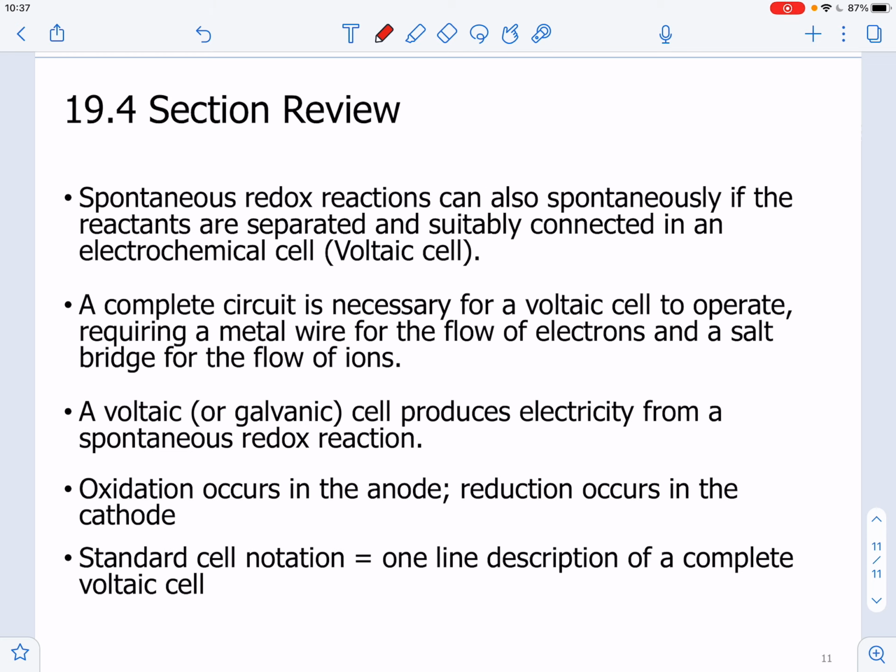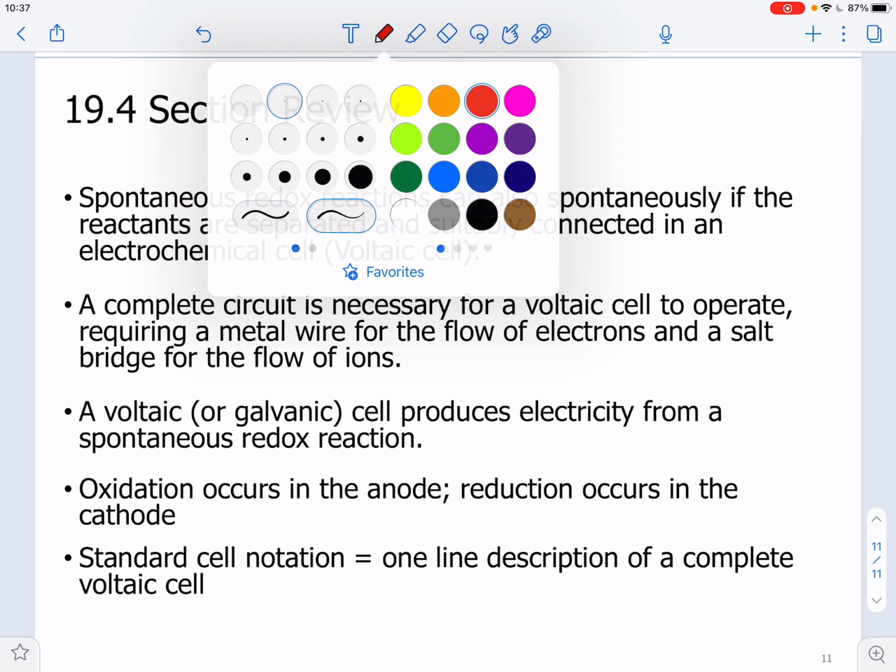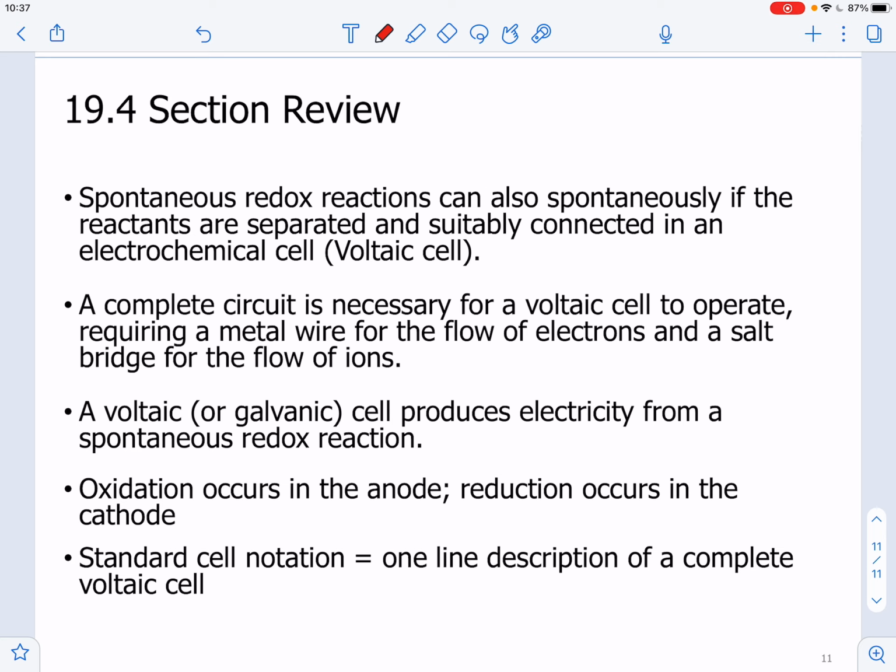And in order to establish that flow of electrons, you need the wire, but you also need to guarantee the flow of ions. In what direction do the ions flow? Well, it depends on what the particular reaction is, but you will be either generating ions or consuming ions. In each case, you will have to counterbalance the ions being produced or consumed.